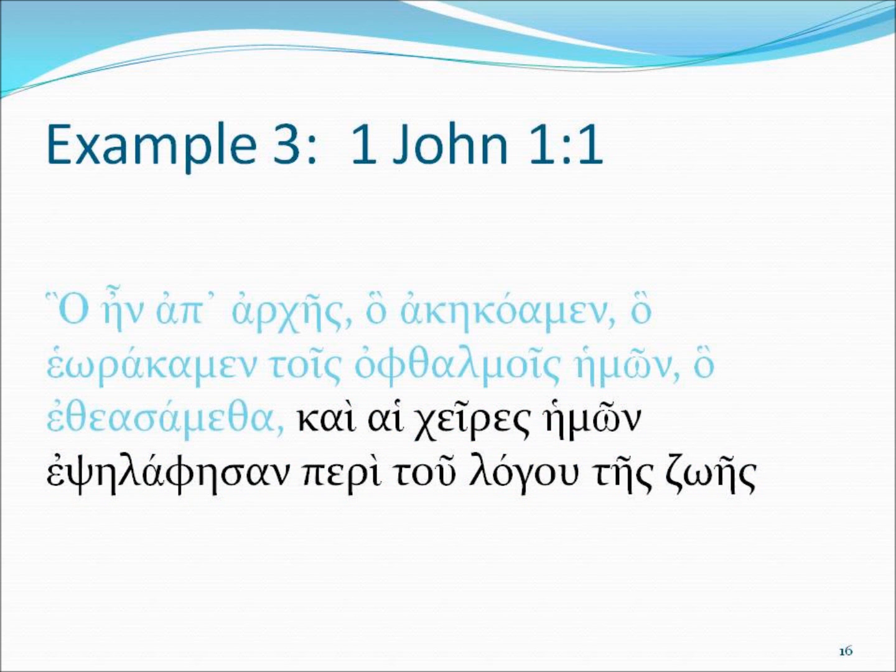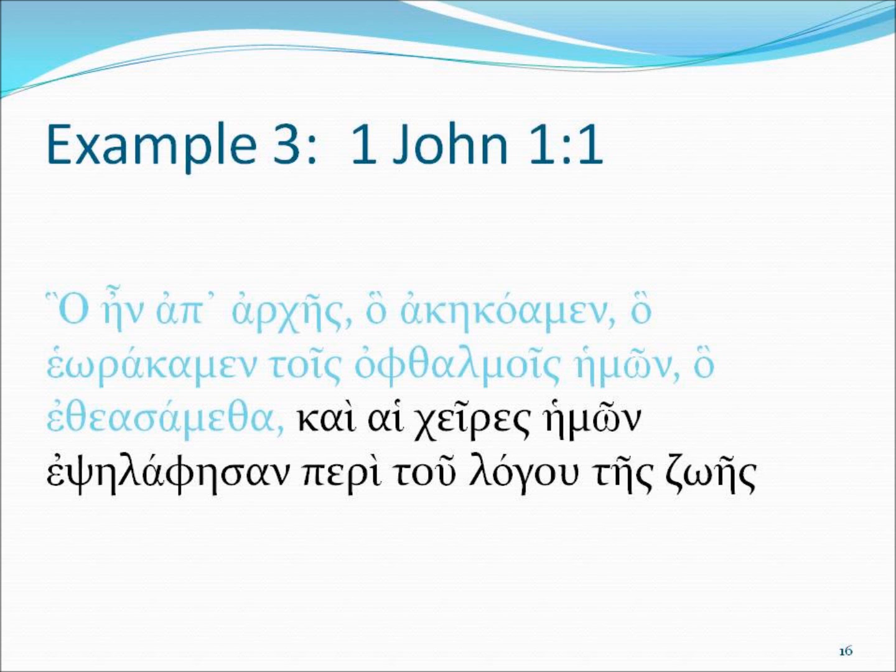Okay, last cluster here in 1 John 1:1. Kai hai cheires hēmōn epsēlaphēsan, peri tou logou tēs zōēs. You have your diphthongs there in the kai, and it is also in the cheires.